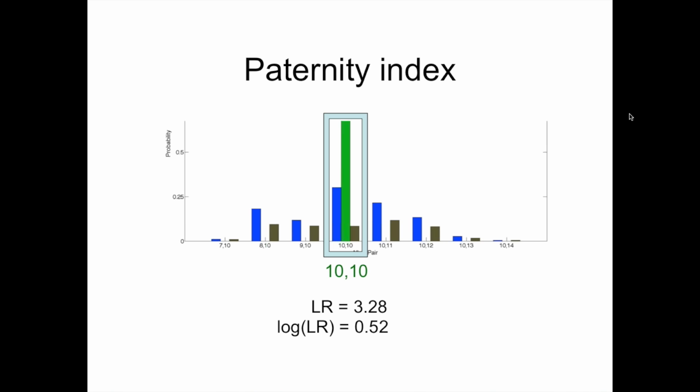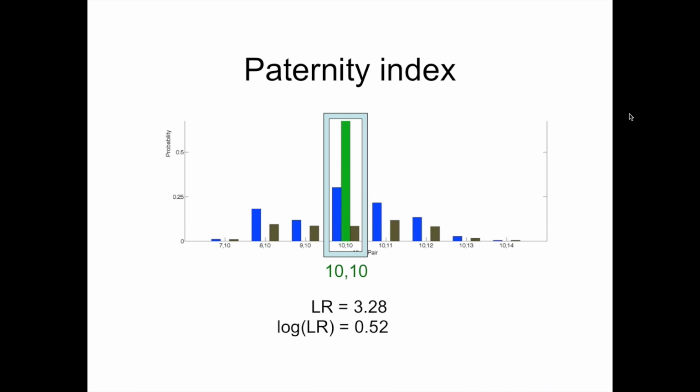we go back to our picture of the blue posterior distribution at this D7 locus and the brown prior distribution. And the green bar is now showing the probability of the alleged father. He has a 10-10 with probability 1, whereas the biological father inferred from kinship in blue has a diffuse probability distribution with not all the probability concentrated in one place.